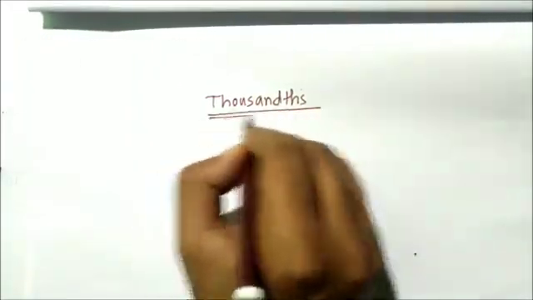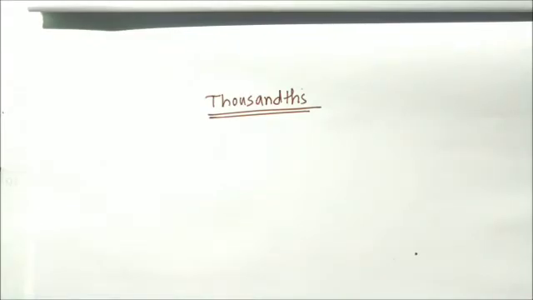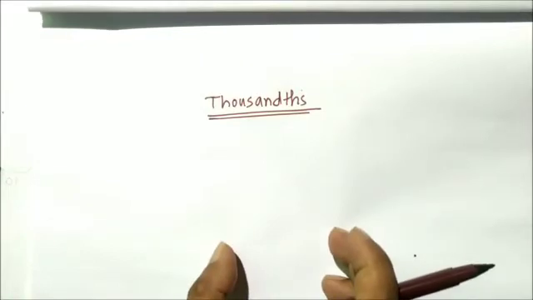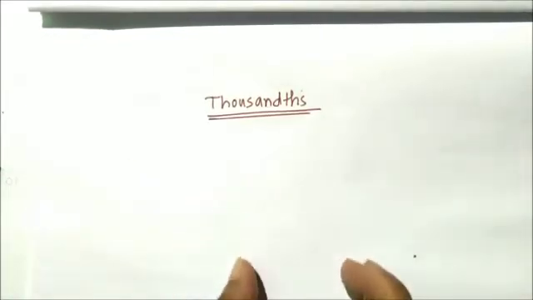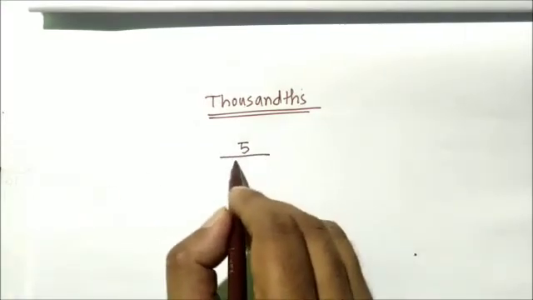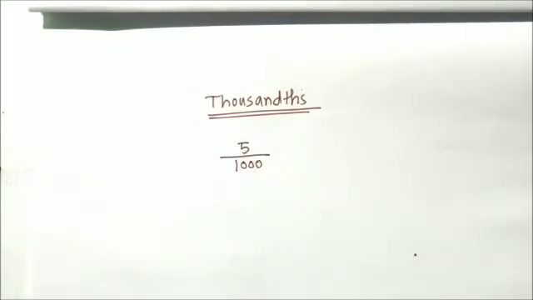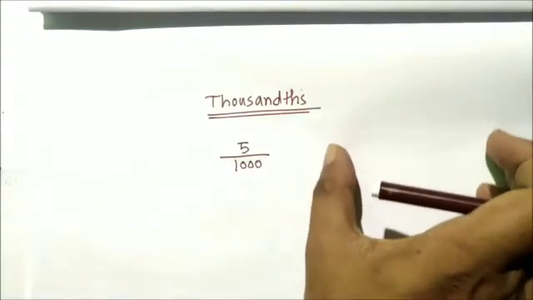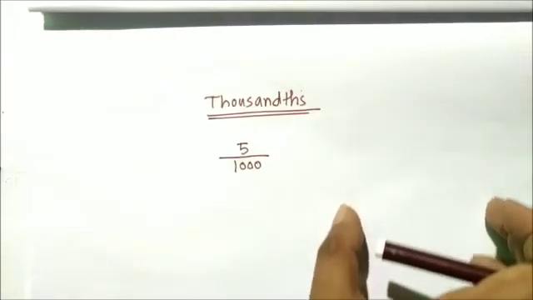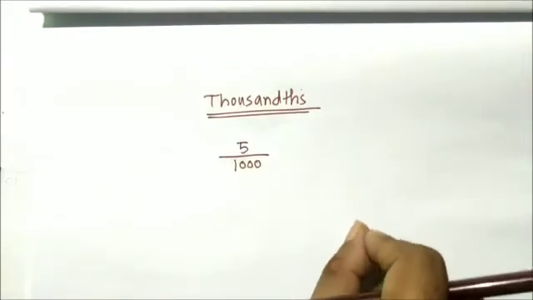Okay, thousands. So you just think that we have 1000 small boxes, and out of the 1000 small boxes, say 5 boxes are colored. So we will write it as 5 by 1000. Again I am repeating, 1000 small boxes were there. Out of these 1000 small boxes, only 5 small boxes are colored.